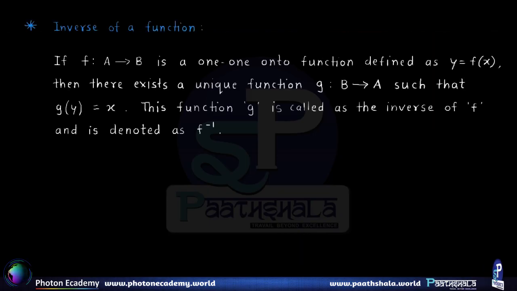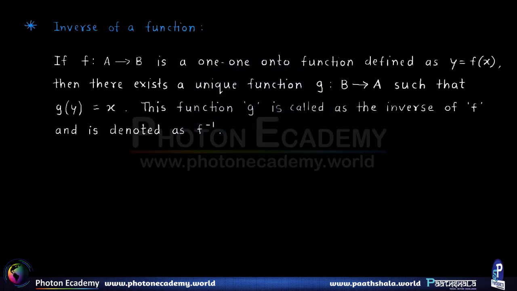Now let us understand a very important concept, that is inverse of a function. Suppose f is a function from set A to B, and it is one-one onto, defined as y equal to f of x.